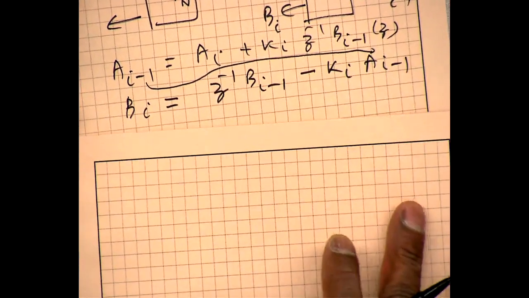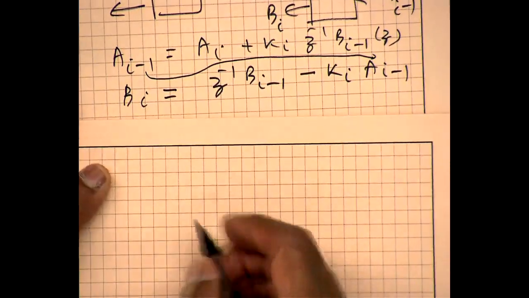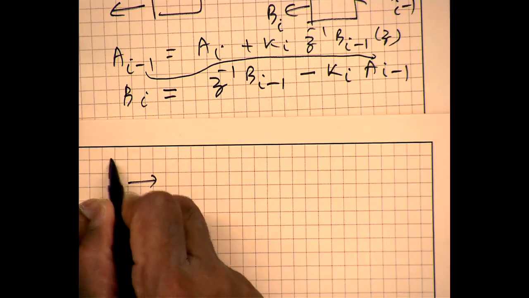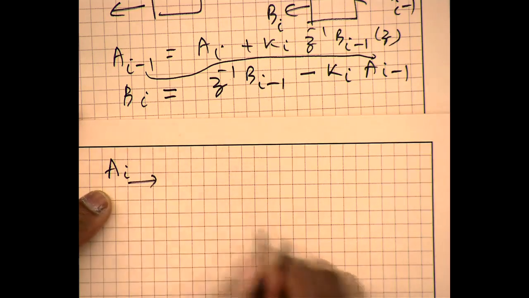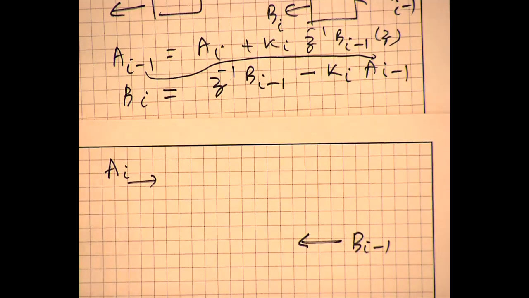So let me just draw the block diagram of one IIR lattice stage. We start with Ai, and we start with Bi minus 1.